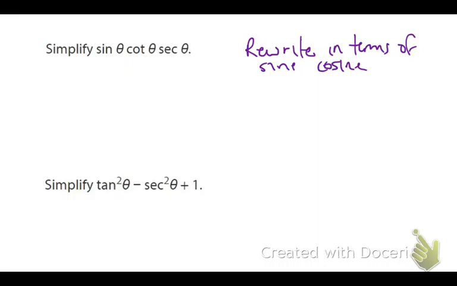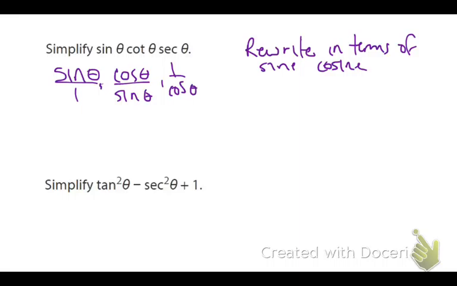Well, sine I can't do anything with, so I'm just going to rewrite that as sine theta over 1, times, cotangent would be what? Cosine over sine, times what's secant? 1 over cosine.